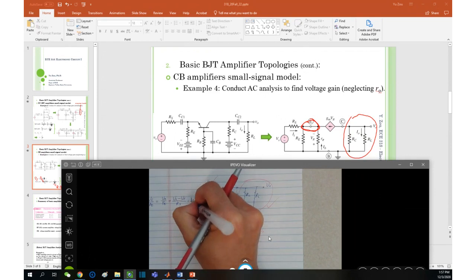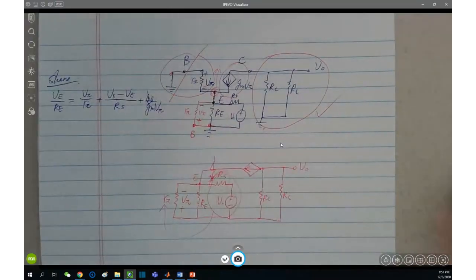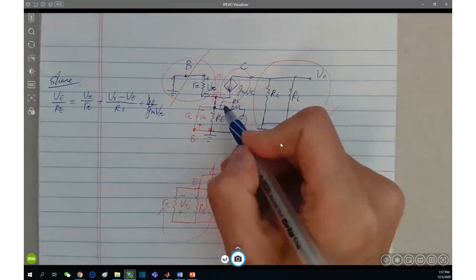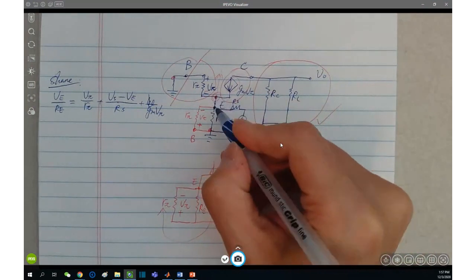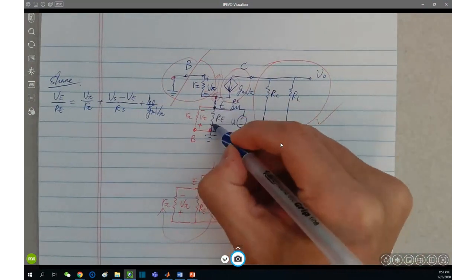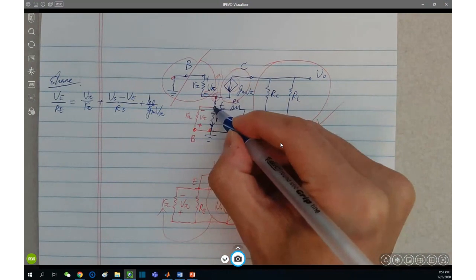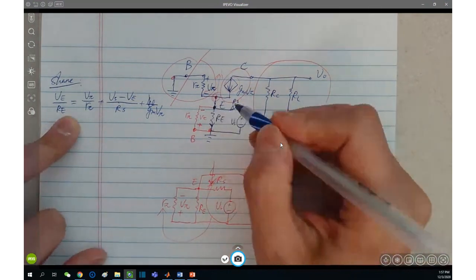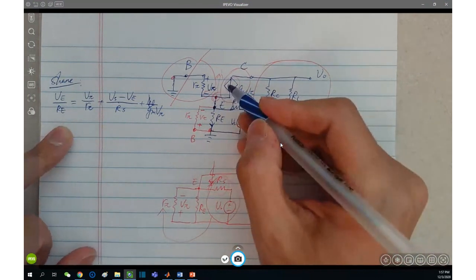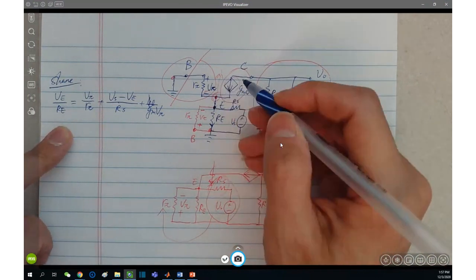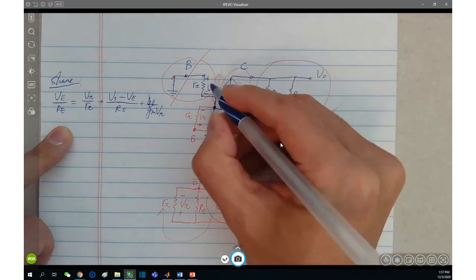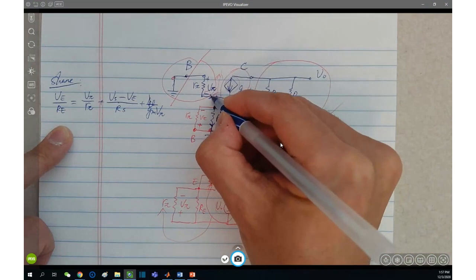Okay, let's see KCL at the emitter in blue. So first of all, in this circuit in blue, he's saying VE divided by RE, this down here, is leaving the emitter. It equals V pi divided by R pi, which is a current entering into the emitter.